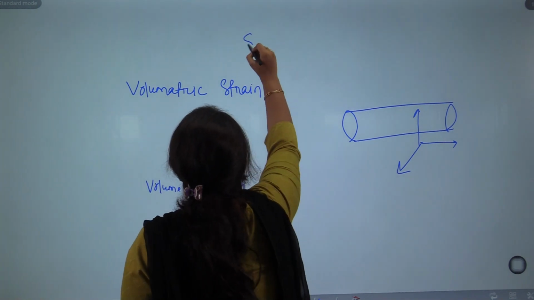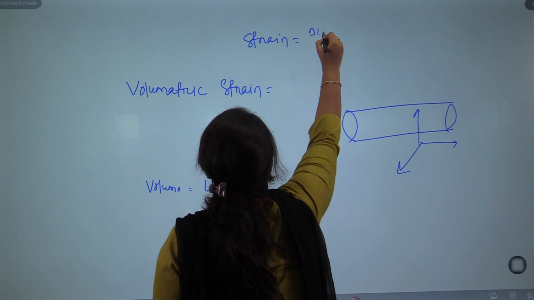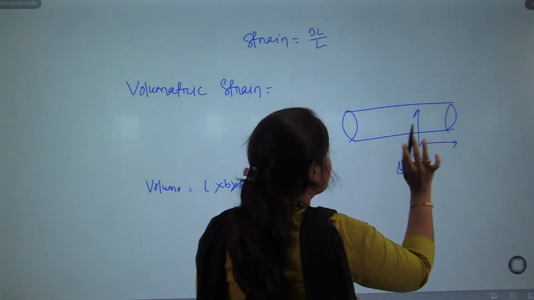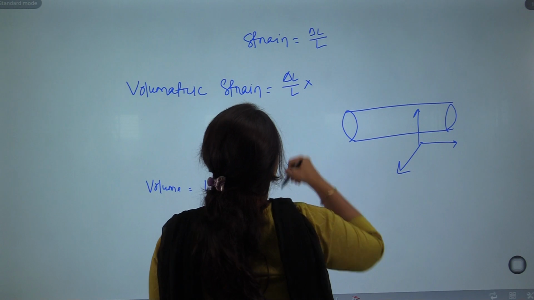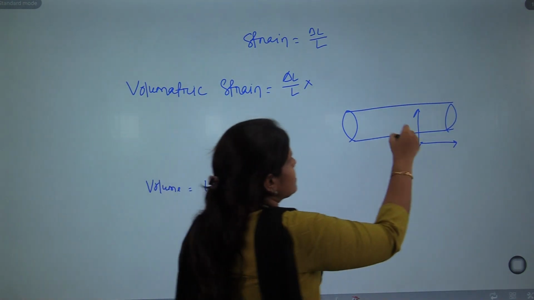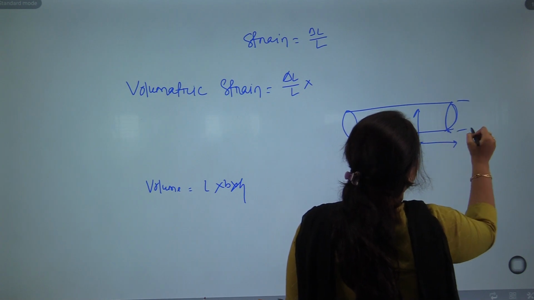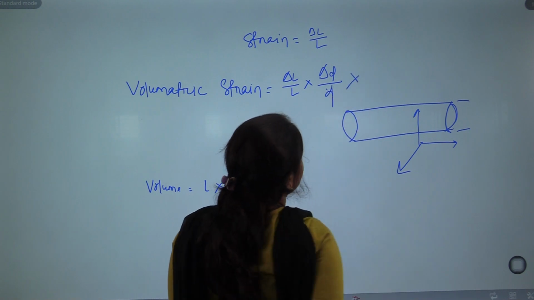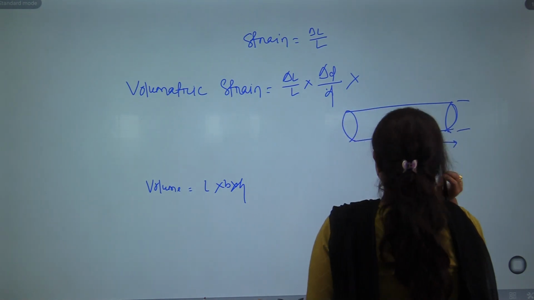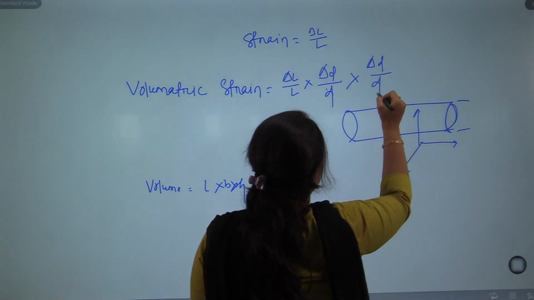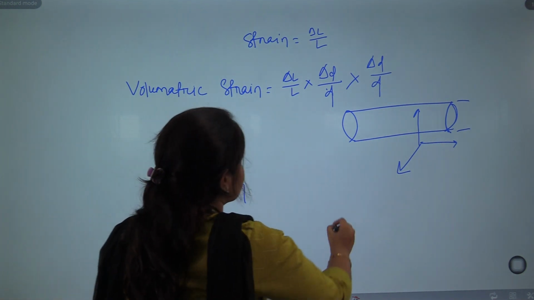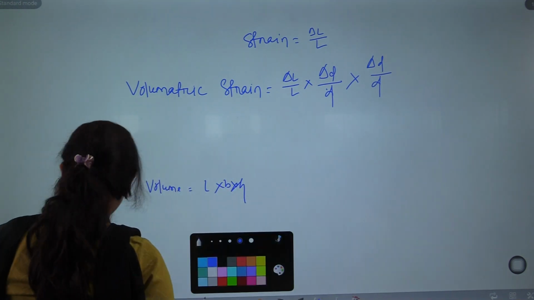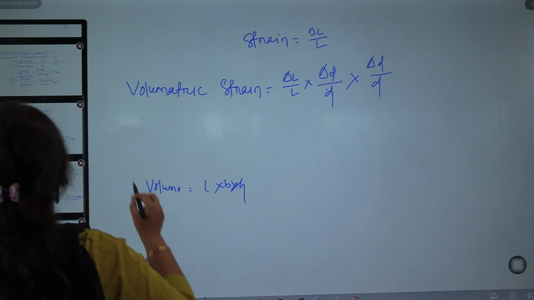We know that strain equals del L upon L. So, in the x axis we have del L upon L, in the y axis del d upon d, and in the z axis also the same value, del d upon d. Del L upon L we have calculated before.